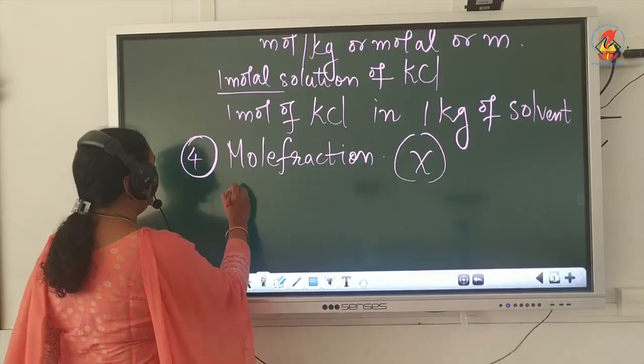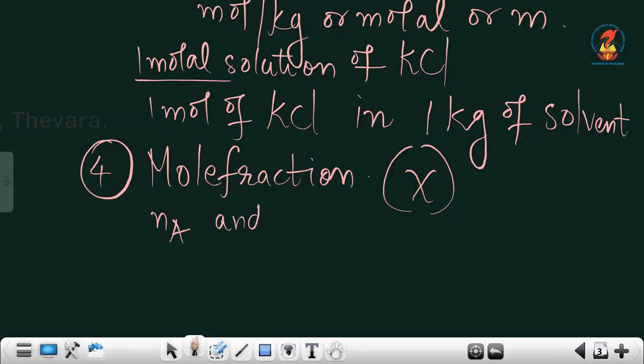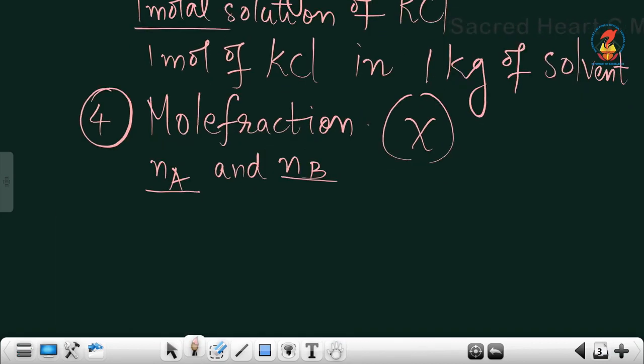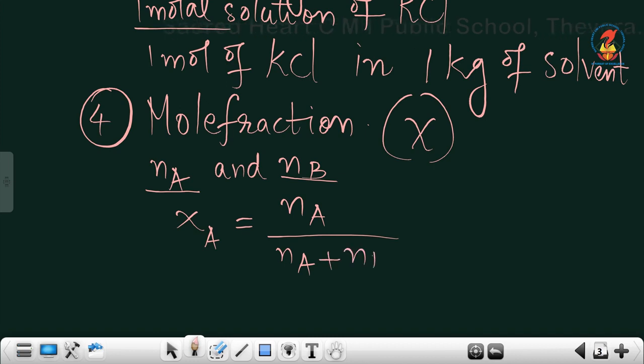If Na represents number of moles of solvent and Nb represents number of moles of solute, then mole fraction of solvent Xa is equal to Na divided by Na plus Nb.